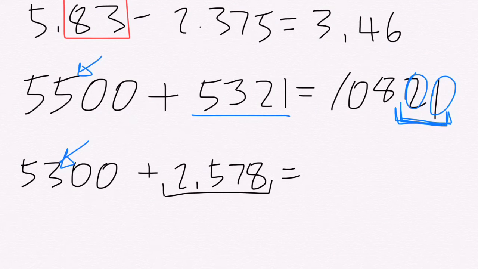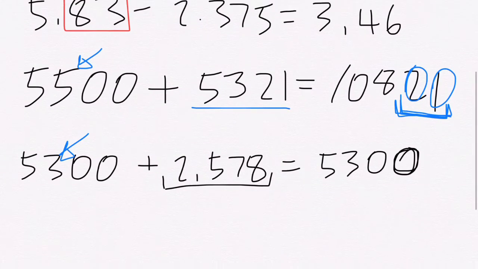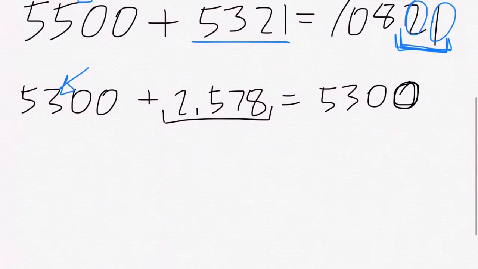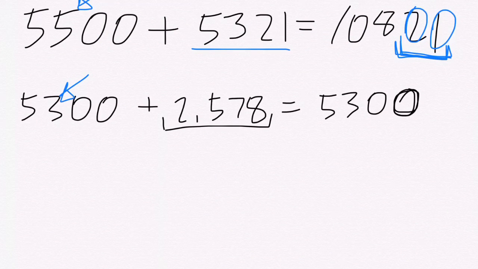We can't write any digits that are smaller than 100. So we only can write that, right? So if you take account of sig figs, adding 2.578 to 5300 doesn't really do anything to the number. Anyways, so that's basically how you do sig figs when adding and subtracting.